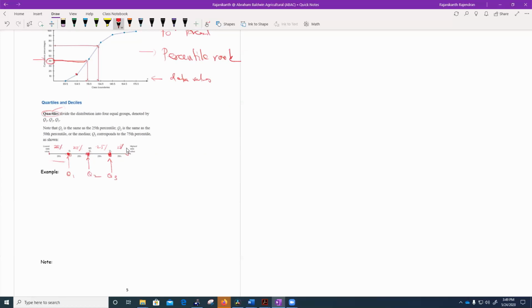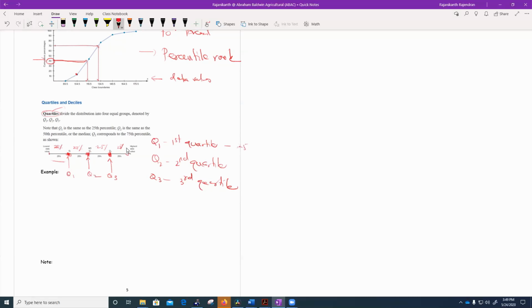Therefore Q1 is my first quartile, Q2 is my second quartile, and Q3 stands for my third quartile. If you look carefully, the first quartile covers 25 percent of the entire data set under Q1.